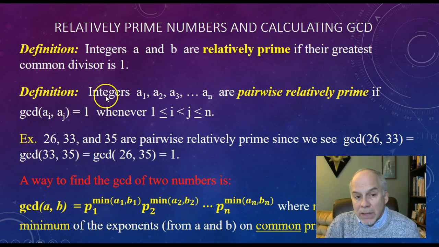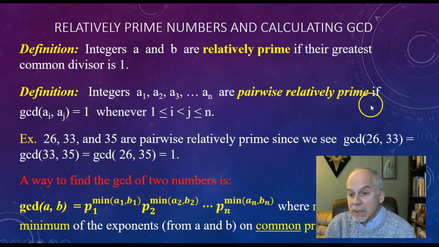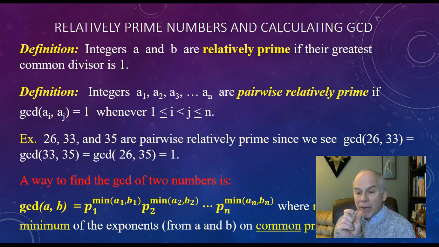Now, for a group of integers, a1, a2, a3, all the way to an, they are called pairwise relatively prime if the greatest common divisor of any two of them is equal to 1. So any two you want to pair up, if the greatest common divisor of those two numbers is 1, then they're relatively prime. So if that's the case for any two matchups of the integers in this list, then they're all called pairwise relatively prime. Okay?